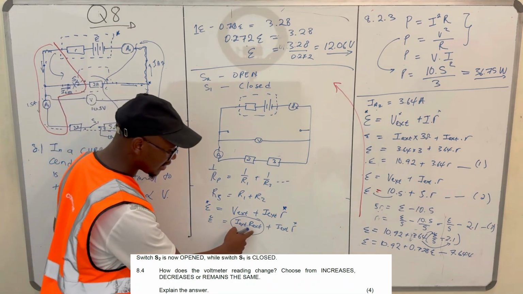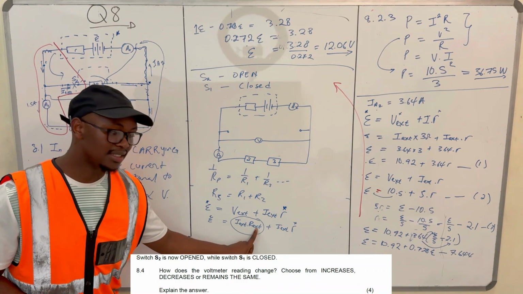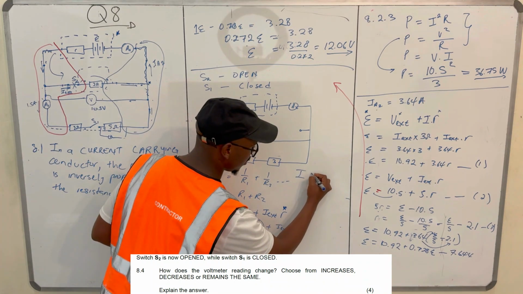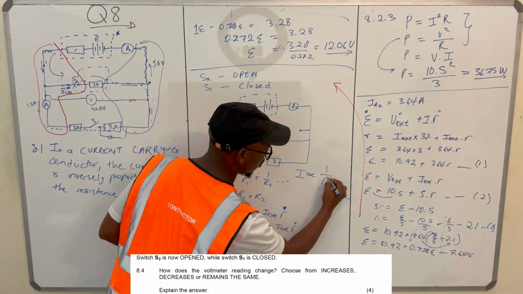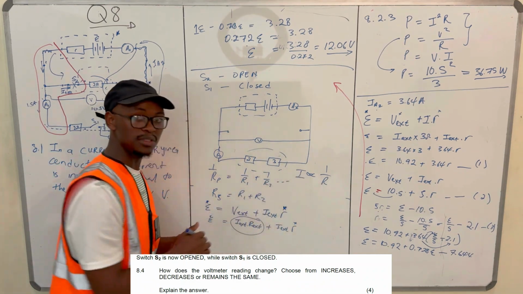And if R external increases, remember these are inversely proportional. When the external resistance increases, current will have to decrease.